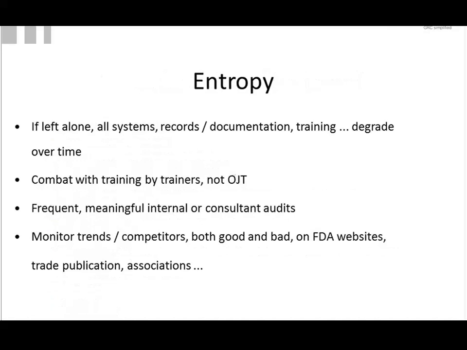I mentioned entropy earlier, and this is a fact that if you leave things alone, they'll generally degrade. So if you solve a problem, you report to the FDA you solved the problem, and you don't go back to it, even though you really did solve the problem, more than likely, for the same reason or a different reason, it will reoccur.